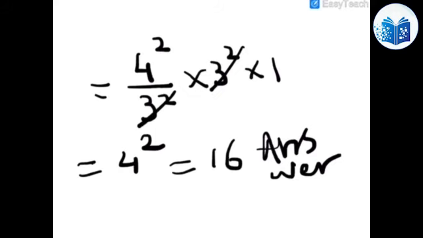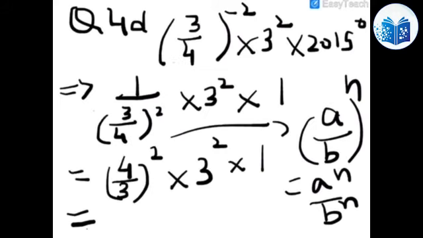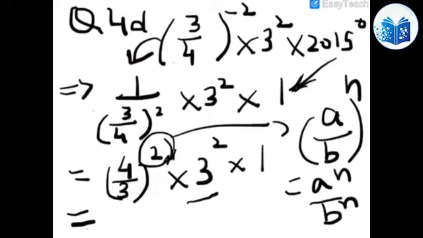What we did, in the second step, we took the entire value under 1, and then the denominator came up. The entire thing was with the square, so we put that square. This thing as it is came over here, and this zero index made it 1, so I took it forward.